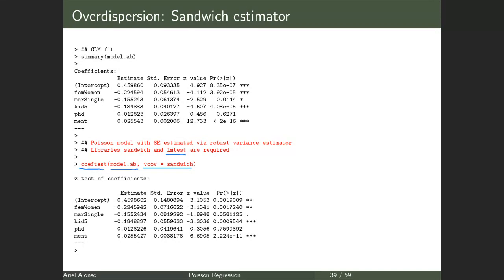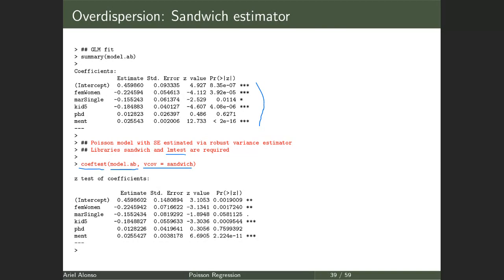But then if you specify the mean correctly, so we are still assuming that this part of the model over here is correctly specified. So the logarithm of the mean is given by this model over here that contains the intercept, gender, marital status, number of kids, PhD prestige of the PhD program, the number of papers of the mentor. You need to assume that that part is right.